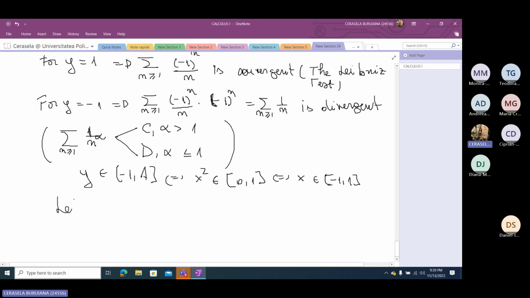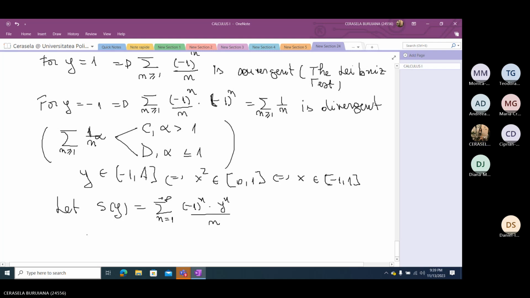So I will denote by S(y) the sum, n from 1 to infinity, of the series in y of (-1)^n times y^n over n. Okay?